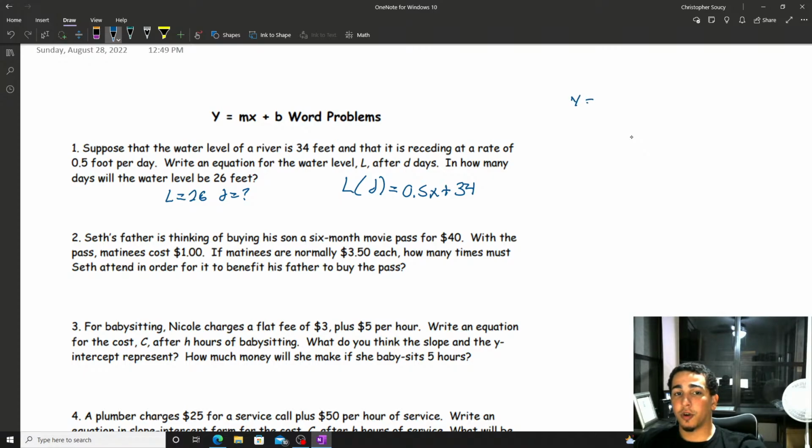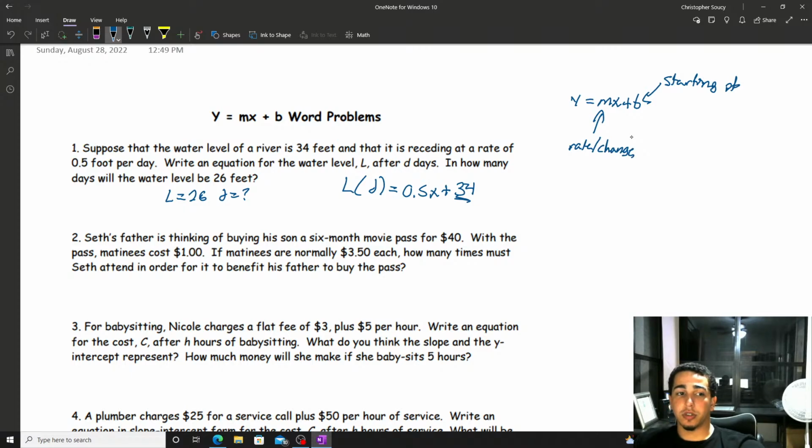This equation is of the form y equals mx plus b. The b, which in this case is going to be 34, is our starting point. M is going to be our rate, or how we change.